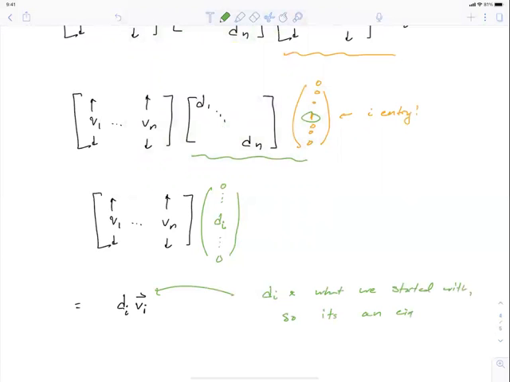So it's an eigenvector. And that means we're done, right? We've shown that the columns of S necessarily are eigenvectors, which is exactly what diagonalizability does. All right, so why do we care?